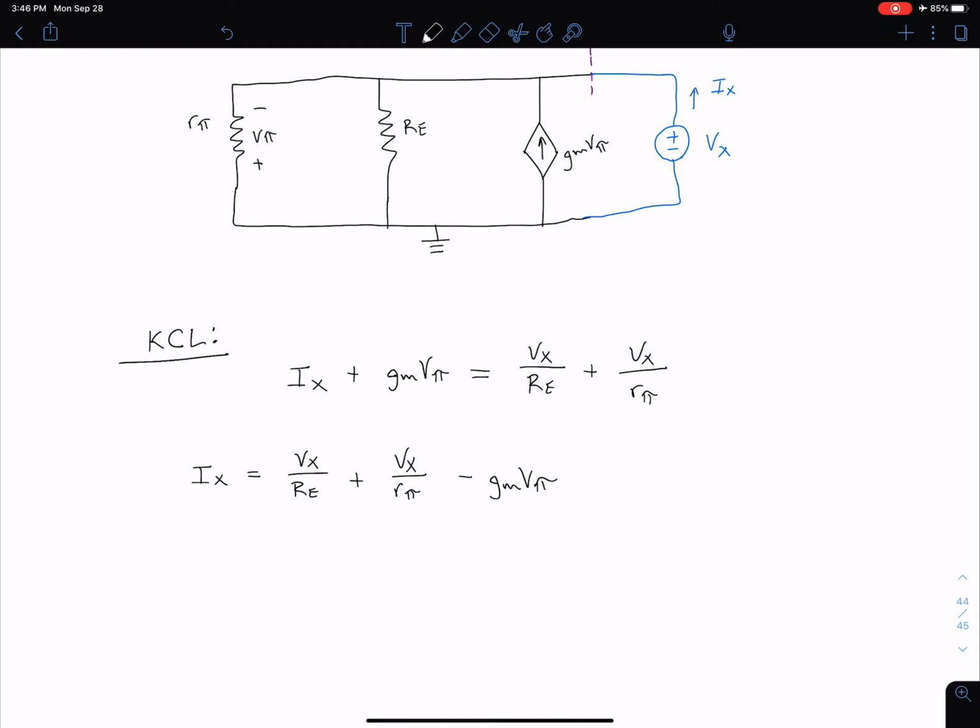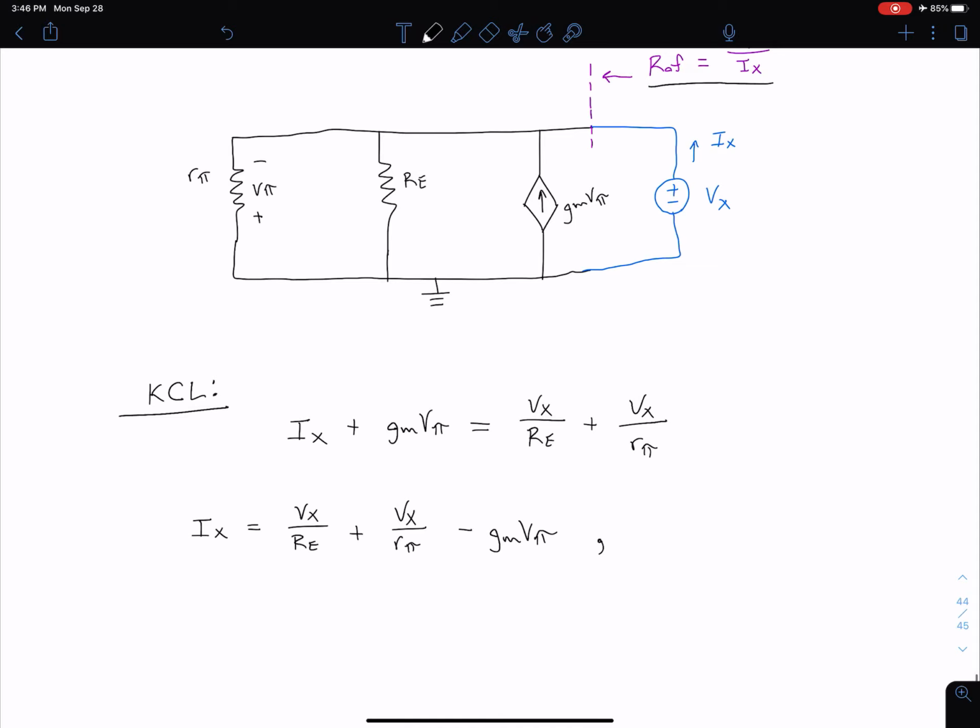Well, we want to get rid of this V pi, and ideally we want to get it in terms of Vx, and we can do that quite easily by doing a KVL. In this case, we don't have the V in anymore, so we just have these two voltages. So doing that KVL, we can see that our V pi is equal to negative Vx.